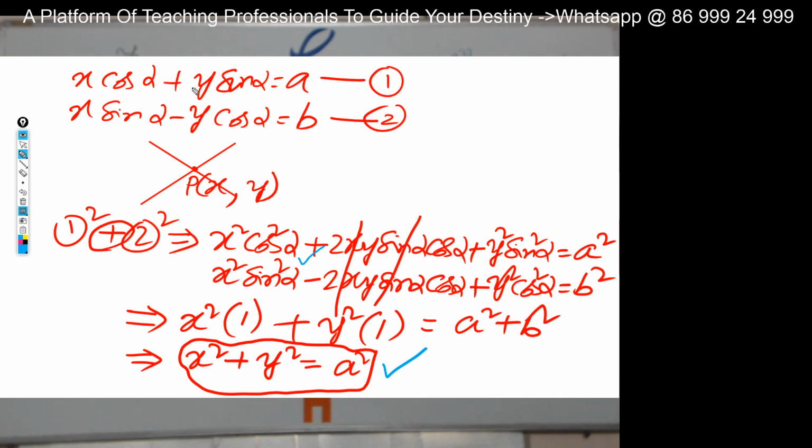Because this is given in terms of alpha, you have to eliminate alpha. That's what Ravi Babu sir means. So for squaring and adding, this type of question, you have to get the idea. Unlike the previous questions, this question involves elimination.